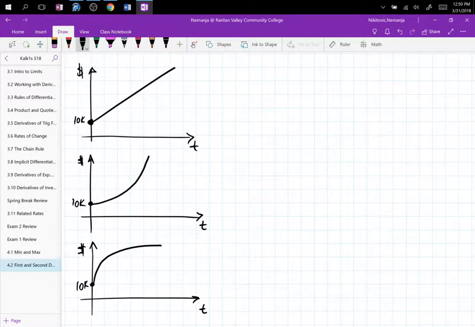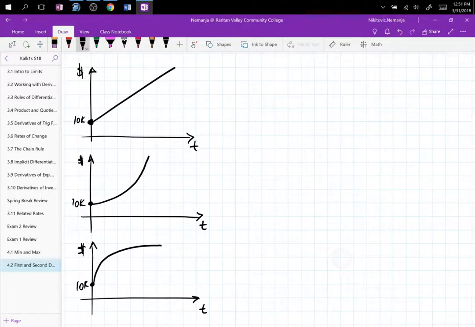This one, concavity is 0. It doesn't bend up, it doesn't bend down. So second derivative here is 0, right? If this would be the first derivative graph, because increase and so on. So the concavity is going to show which way the first derivative, the increase and decrease, changes.